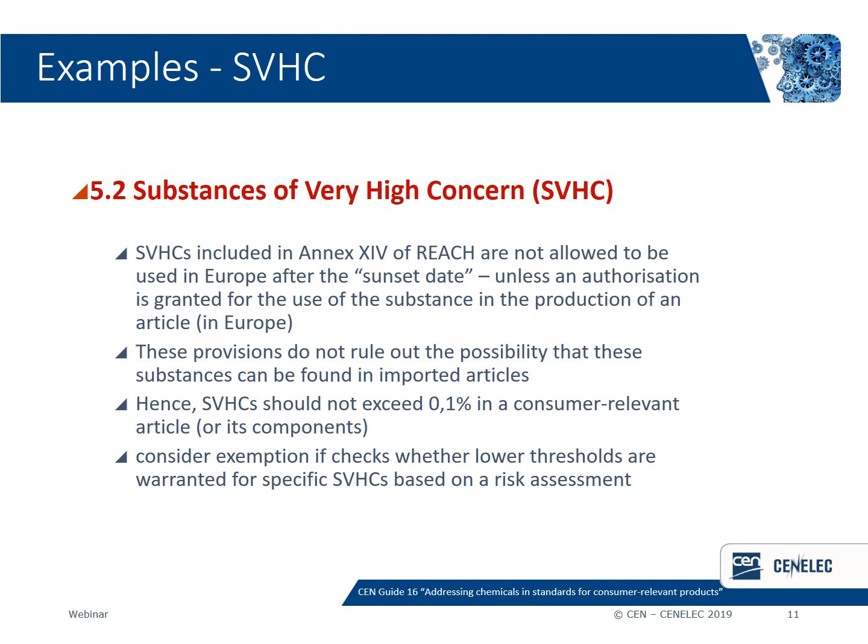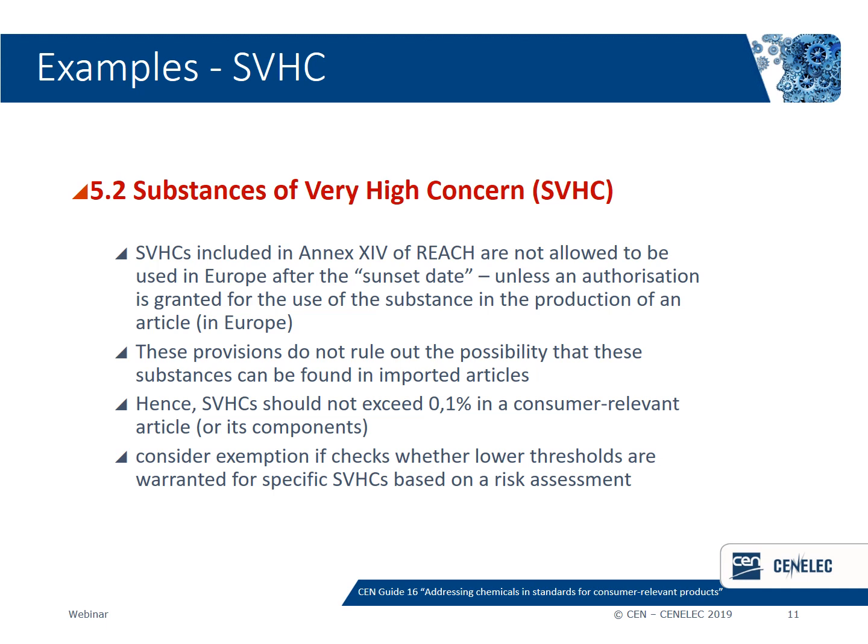Now let us look at some examples. For instance, there is a clause on substances of very high concern. These are substances which are included in Annex 14 of REACH and are not allowed to be used in Europe after a certain date, unless the manufacturer gets a specific authorization for a certain purpose.